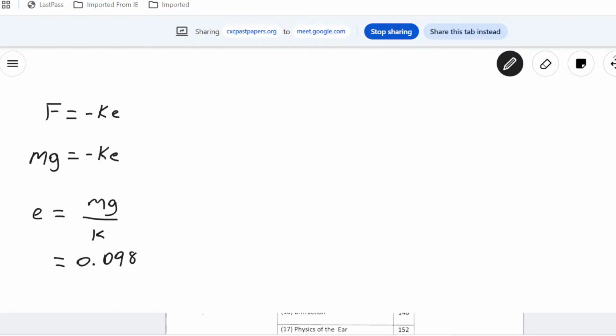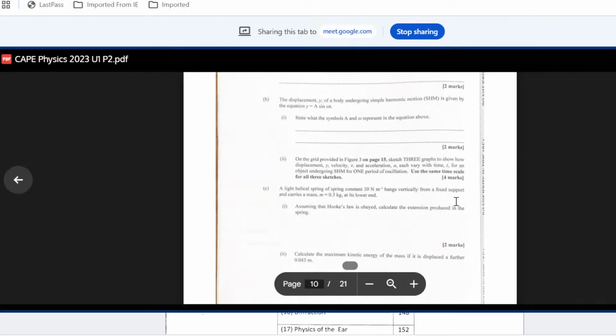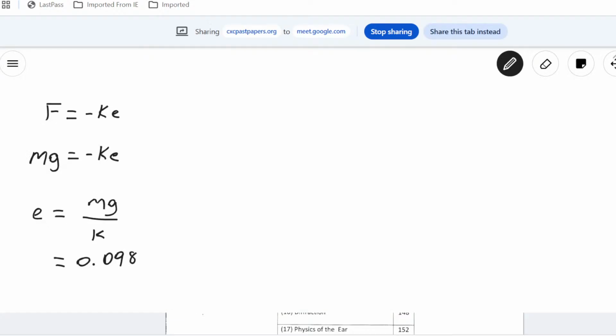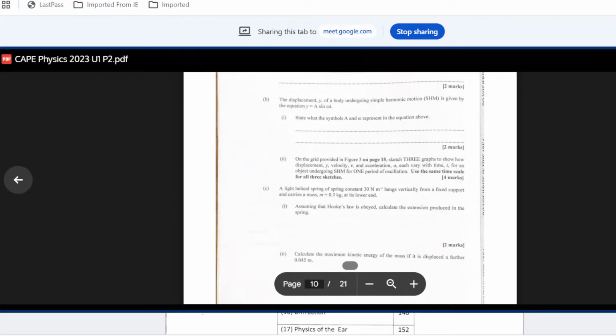Let's try and not round it. Let's use standard form. Let's say 9.81 times 10 to the minus 2. Is that correct? Yeah. Alright, or 0.0981. That's fine.